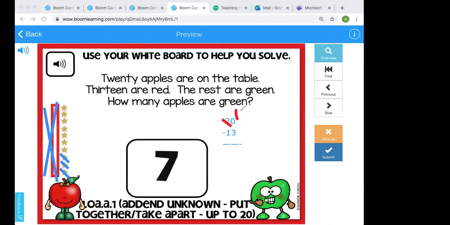Now we have a whole 10 up top. Can we take 3 out of 10? If you say yes, you are correct. So let's think about it. Let's put 3 in our brain and count up to 10. 3, 4, 5, 6, 7, 8, 9, 10. So I know that 20 minus 13 is 7.